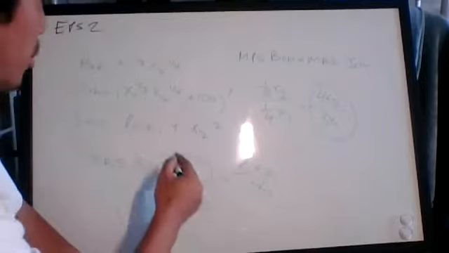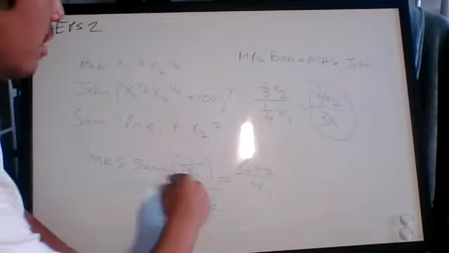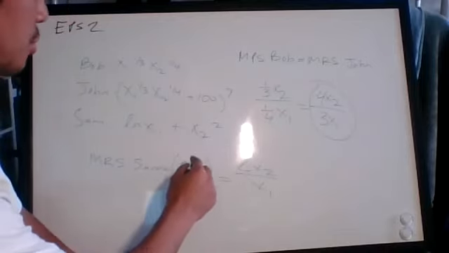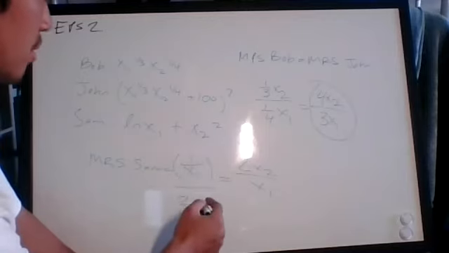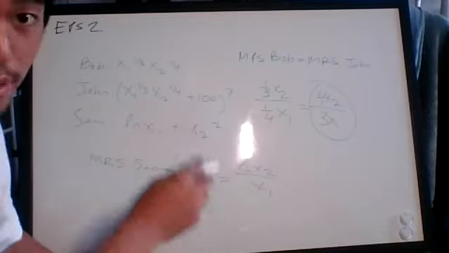We want to keep this in the numerator first, and then we'll analyze everything once we have it all together. So we have 1 over x1. This is the marginal utility of good 1 right here. And we want to find the marginal utility of good 2. So we eliminate this, and then this just becomes 2x2.